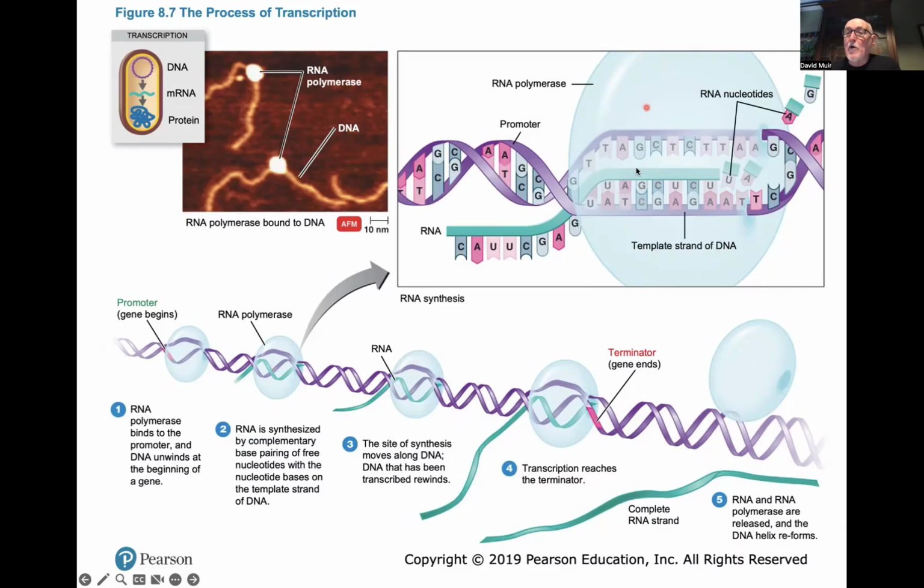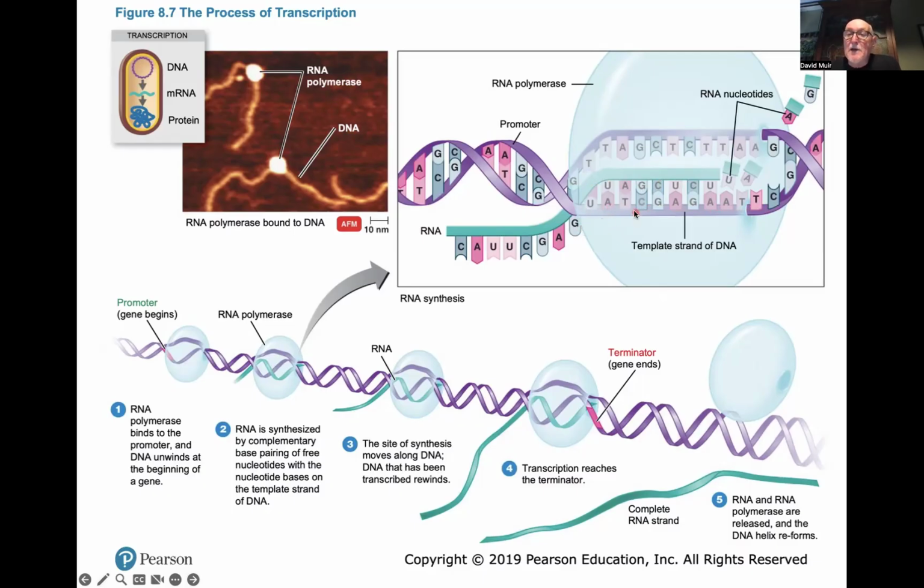Where before we needed all of those different enzymes, here RNA polymerase does it all on its own. This is a very narrow area, only 20 to 30 bases at a time. And this is a relatively slow process compared to DNA replication. But the RNA polymerase runs along. It reads the template strand. And look what's happening.